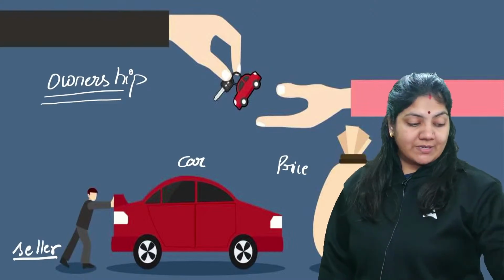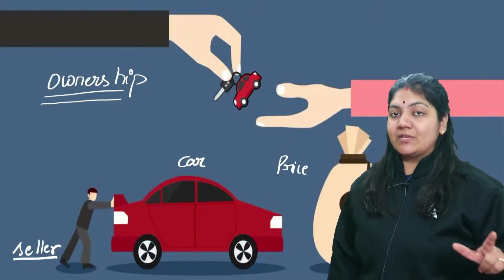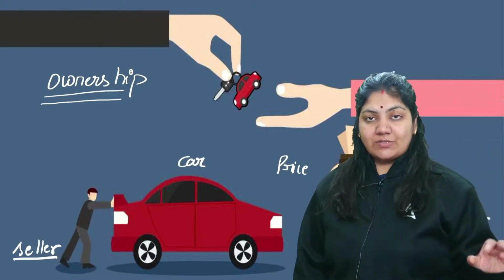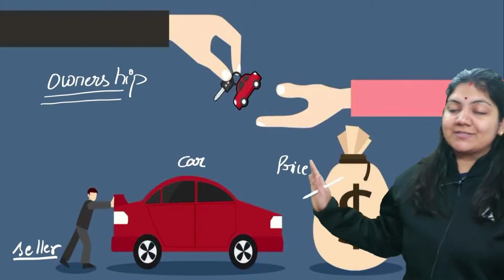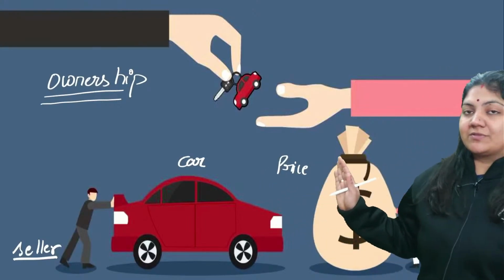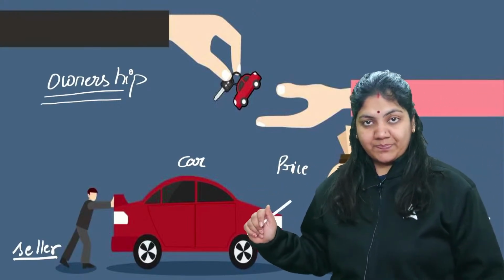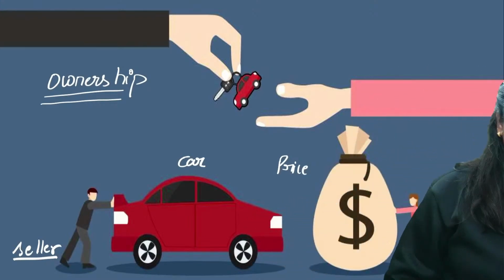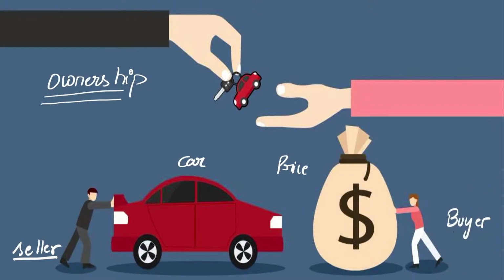Suppose the seller is giving the ownership of the car, it means we have to study the rights and duties of the seller, and if the buyer is taking the car, we have to study the rights and duties of the buyer. So this is all about the Sales of Goods Act. Ownership transfer means possession is automatically transferred.